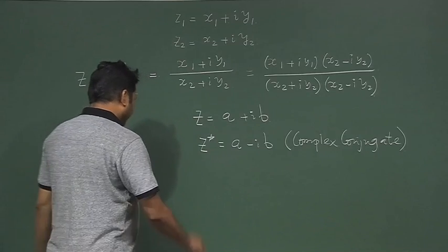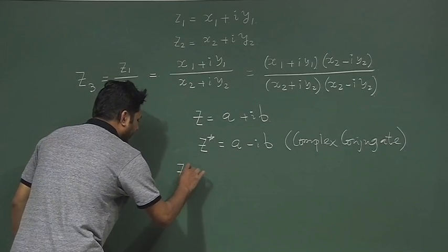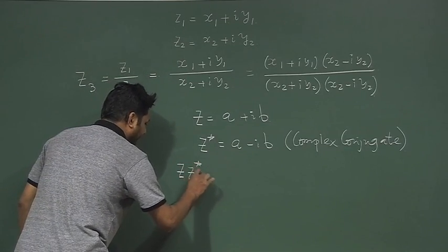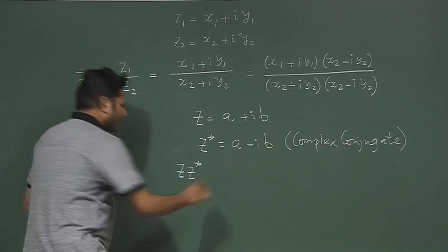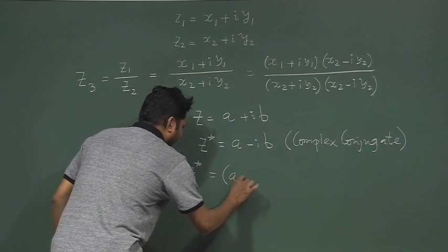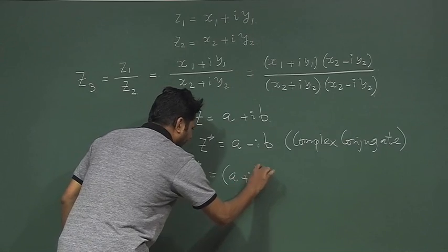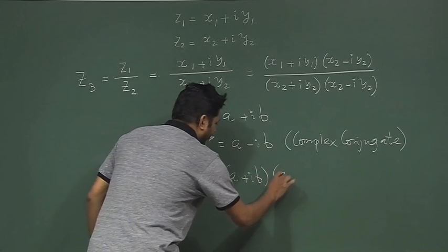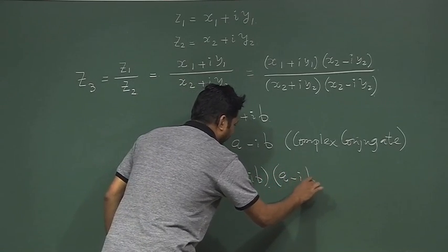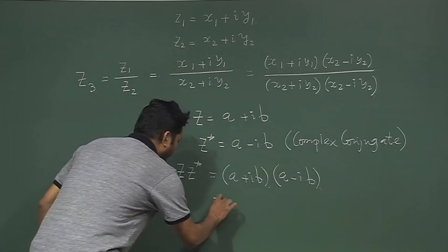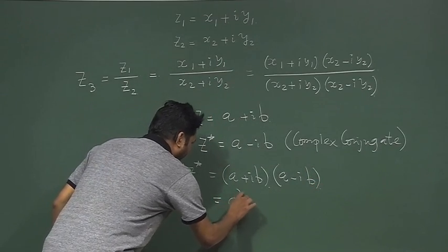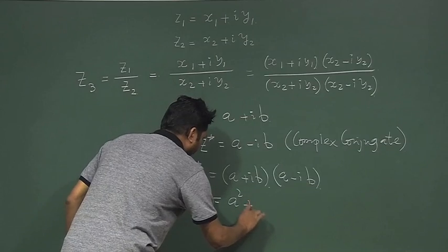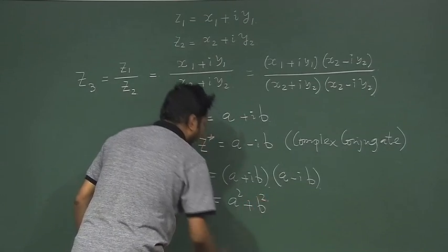The interesting thing is that if I multiply Z into Z star, then I have a plus ib multiplied by a minus ib, which is equal to a square plus b square.